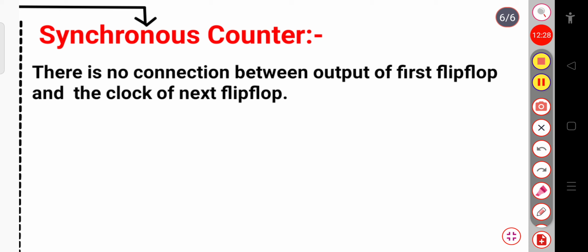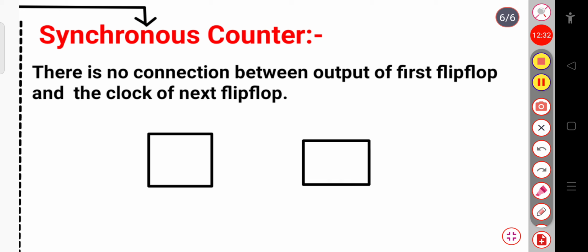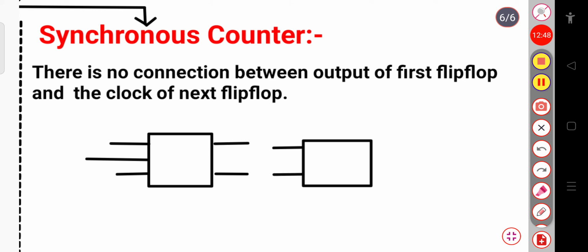Suppose this is one flip-flop, and suppose there is another flip-flop here. This is basically a JK flip-flop, and here I will give the clock pulse to it, and these are the outputs. For the second one, these are the inputs, having its clock pulse here, and it also has outputs like this.